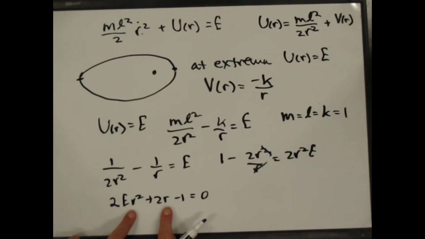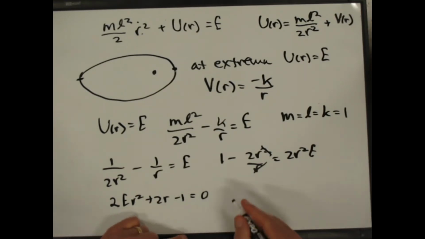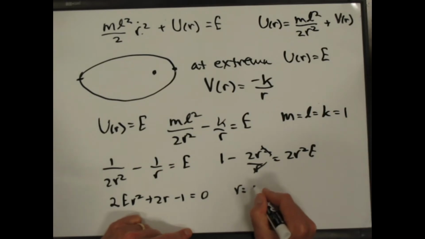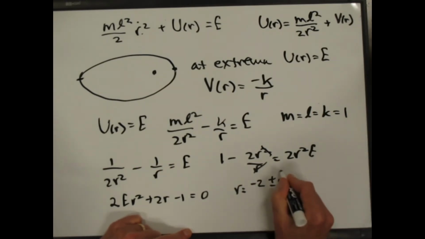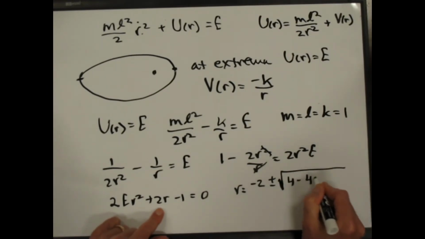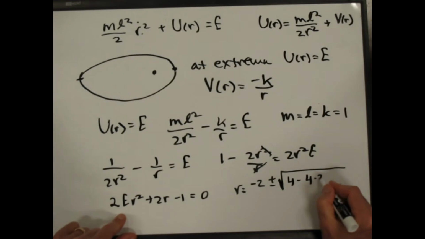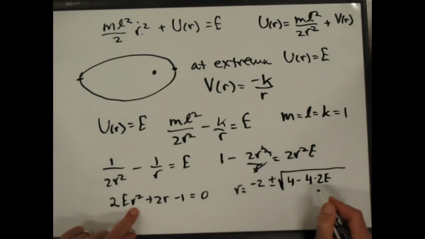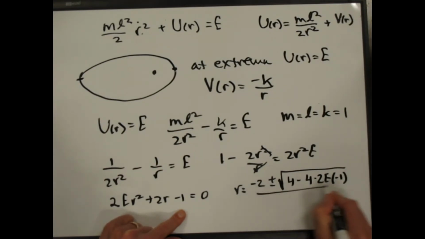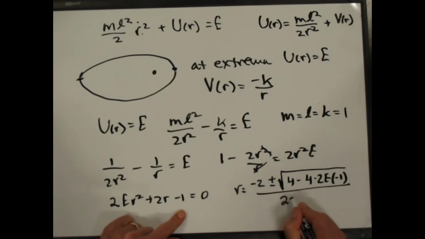That's a quadratic equation in r, and generally speaking, it has two roots. I can evaluate them using the quadratic formula: r equals negative b, which is negative 2, plus or minus the square root of b squared, which is 4, minus 4 times a, which is 2e, the coefficient of the r squared term, times c, which is minus 1, all over 2a, which is 2 times 2e.